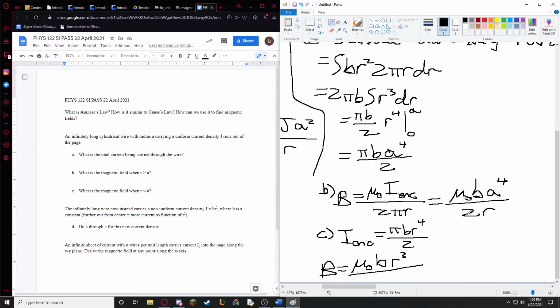Oh, I just realized we actually have a 4r right here, because we have 2 pi r here and we have our over 2 here. Mu naught b r cubed over 2 times 2r. So we have over 4. Mu naught b r cubed over 4. Does that make sense? Anyone have any questions about this?